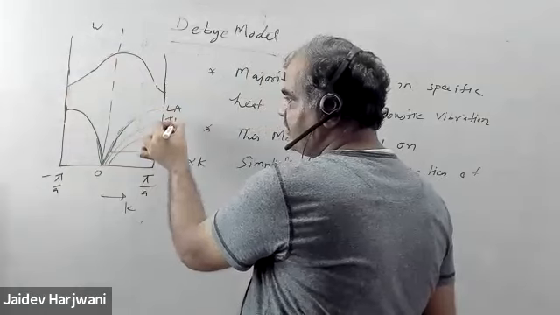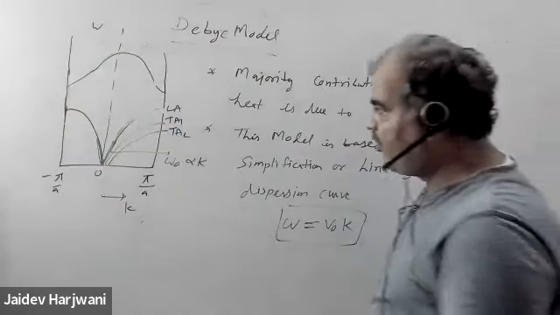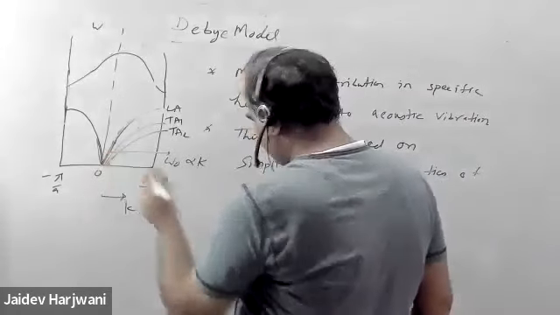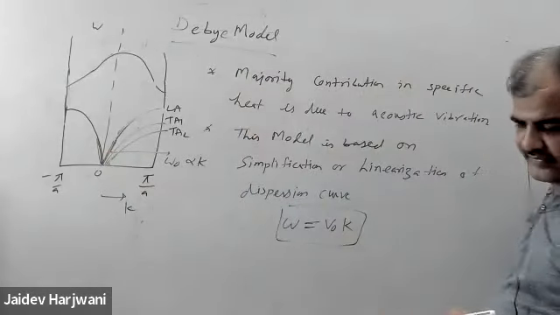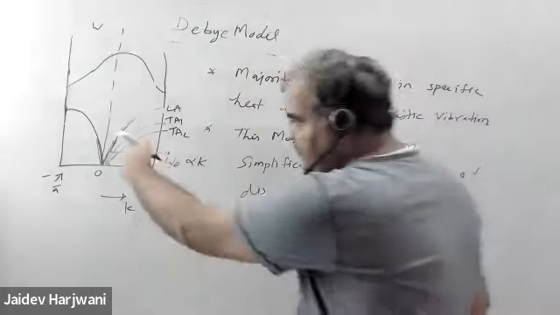Longitudinal acoustic, transverse acoustic 1, transverse acoustic 2. Now this velocity V naught is actually an average of these branches.